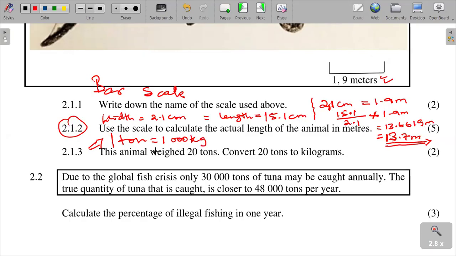And then 20 tons is equal to what? If 1 ton is equal to 1,000, what about 20 tons? So 20 tons is equal to 20 times 1,000, which is going to give you 20,000 kgs.